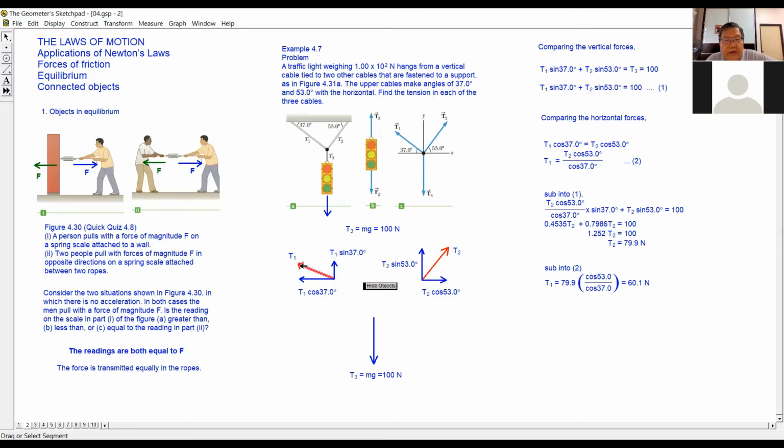I've drawn the T1 here. And this T1 is acting at an angle of 37 degrees with the horizontal. This angle is 37 degrees.